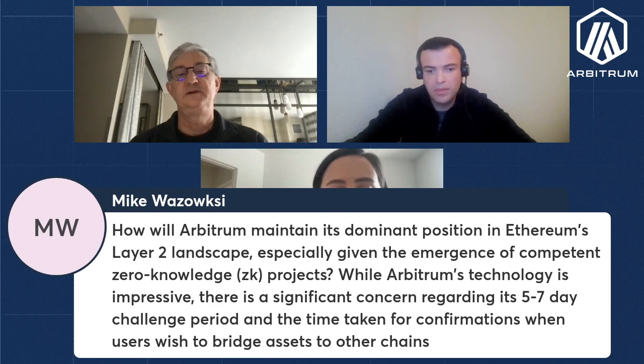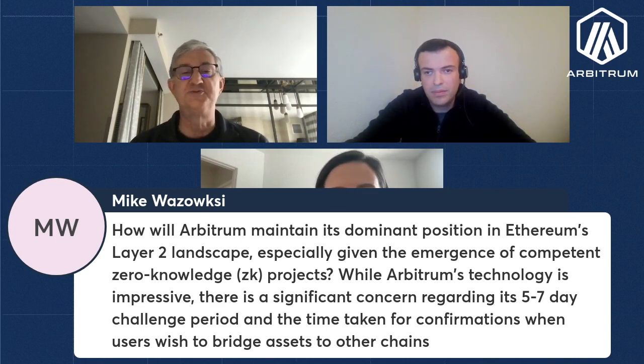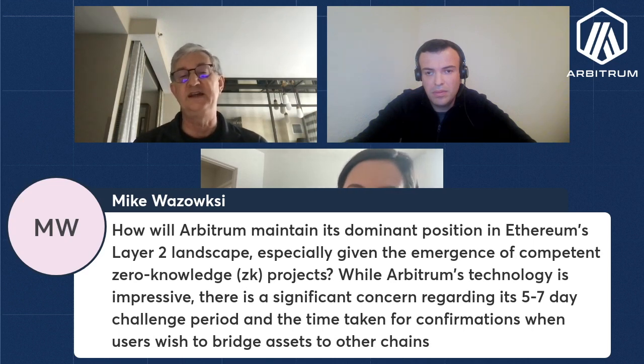Sure. Yeah. Well, so I think Arbitrum is doing as well as it is among the L2s because it delivers value to people. Arbitrum has a combination of low prices, reliability, and very fast latency. And I don't think that other chains are able to duplicate that value proposition. So at the end of the day, I don't think that's going to change.